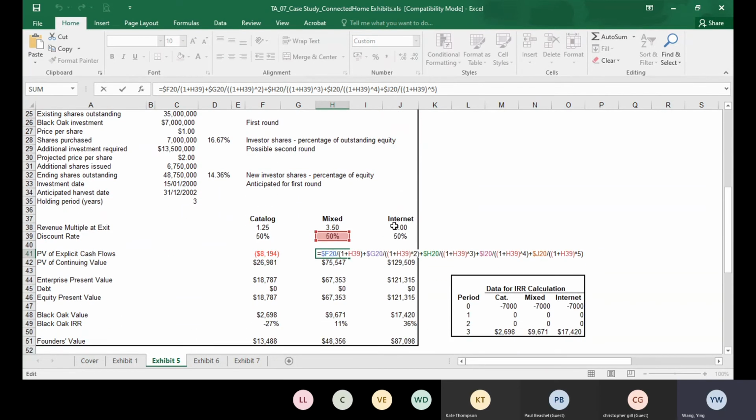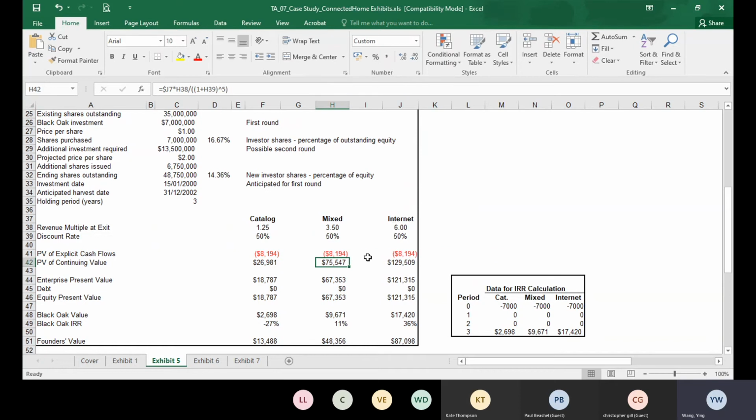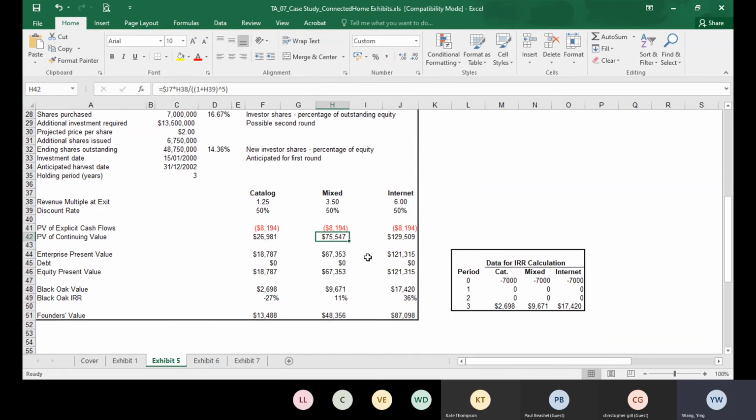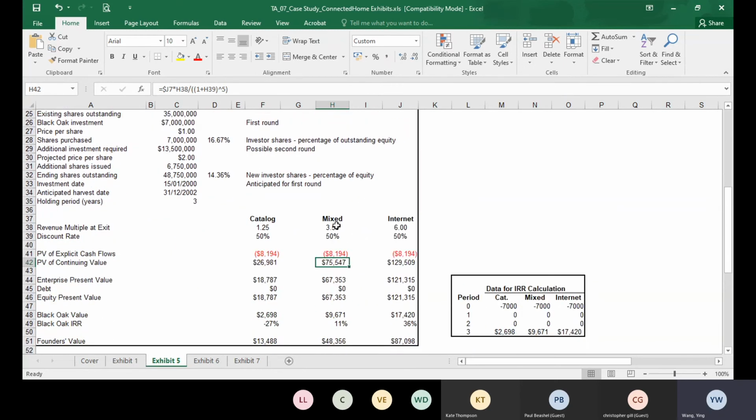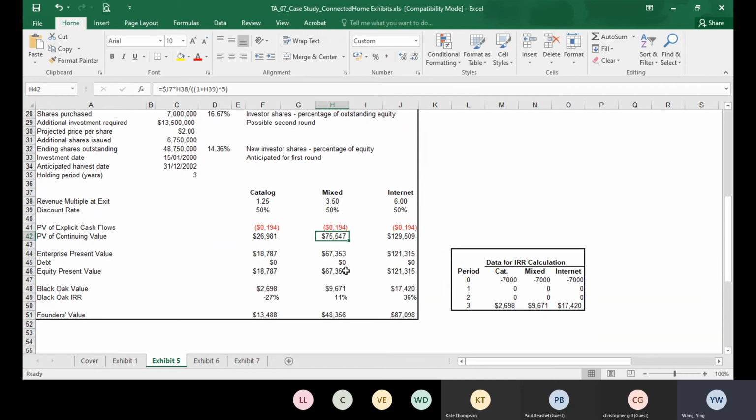So that's the present value formula there, which you can have a look at after today. And then the continuing value is where the 5th year continues using the multiple here. Then the enterprise present value is the sum of the cash flow for 5 years plus future cash flow after 5 years.